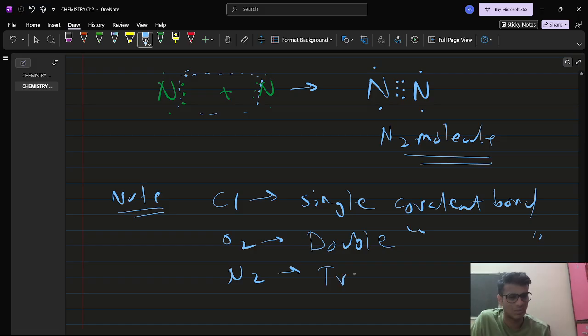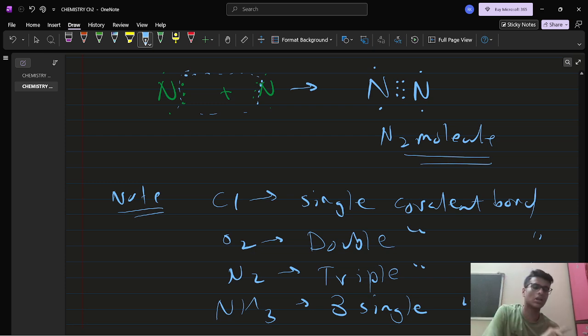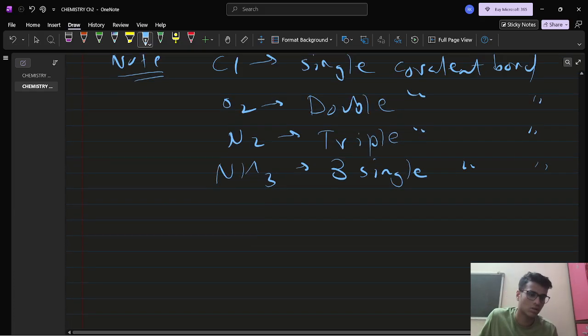Nitrogen has a triple covalent bond. Ammonia has three single covalent bonds. It is not triple. They confuse you. They give options of triple covalent and three single covalent. So it is three single covalent. It is not triple covalent bonds.